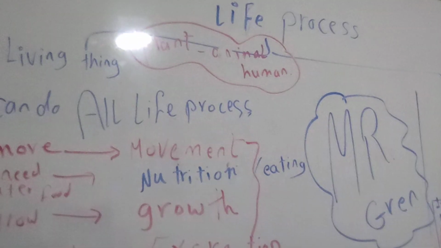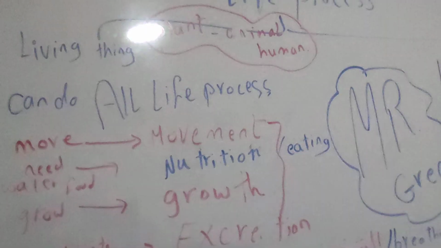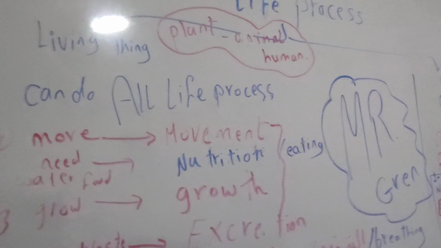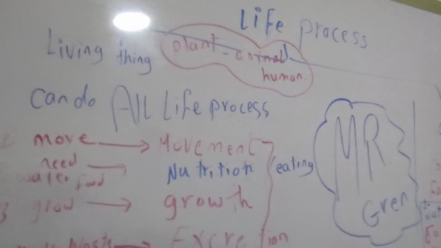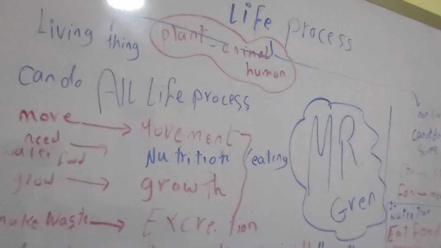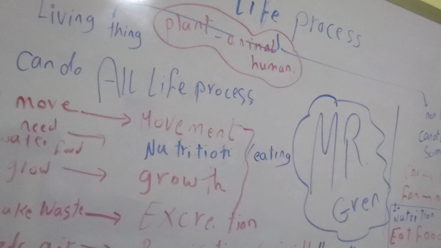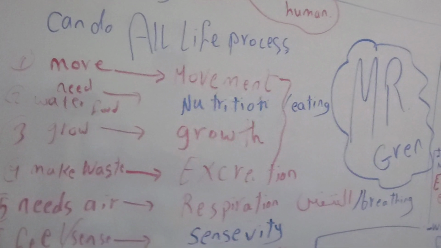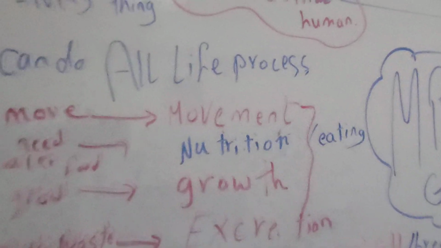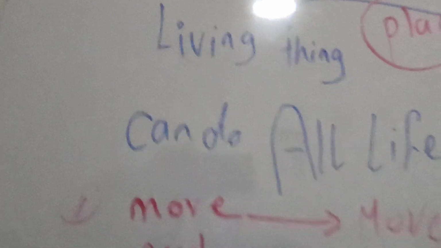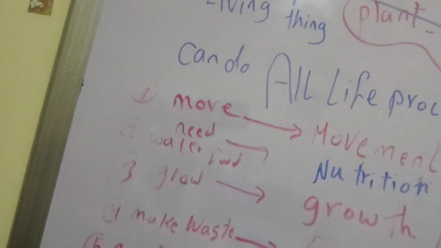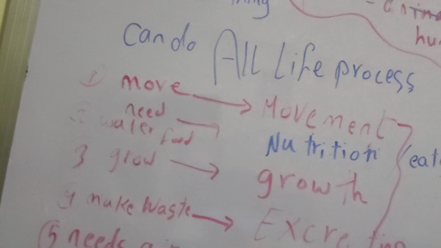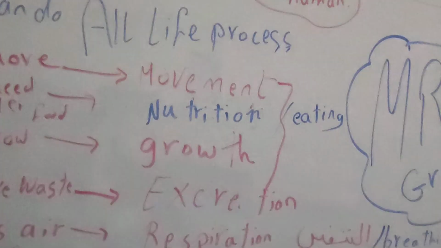First of all, we have to know we have two different types of organisms. Number one, living thing or living organism. This means plant, animal, or human. That's why we call them living. Living means can live, can move, can survive, can eat, can drink.